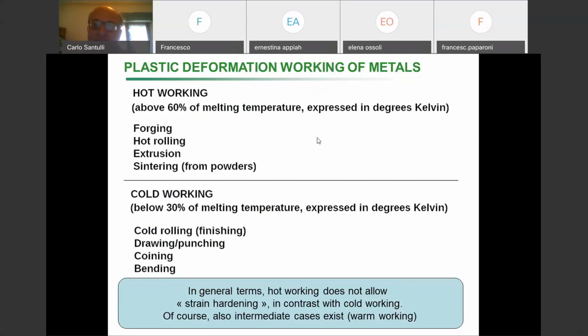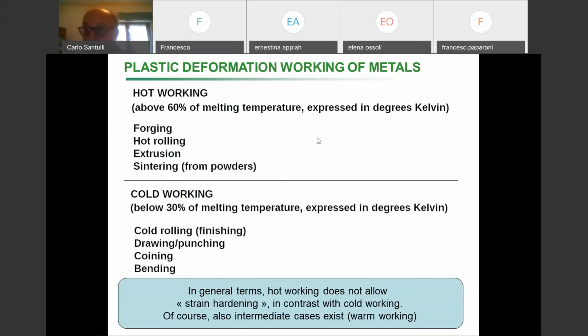Nails are compressed by the action of the hammer. They are hardened. Hot working doesn't allow that because it's close to the melting temperature. And so in reality, the movement of the dislocation is too complex to create a real hardening. It tends to be quite soft material in hot working.